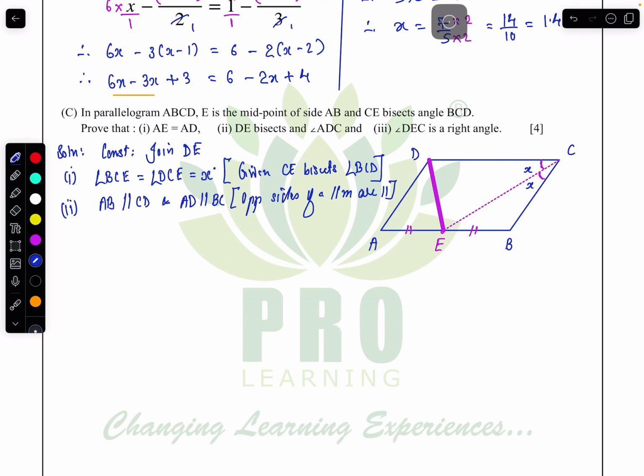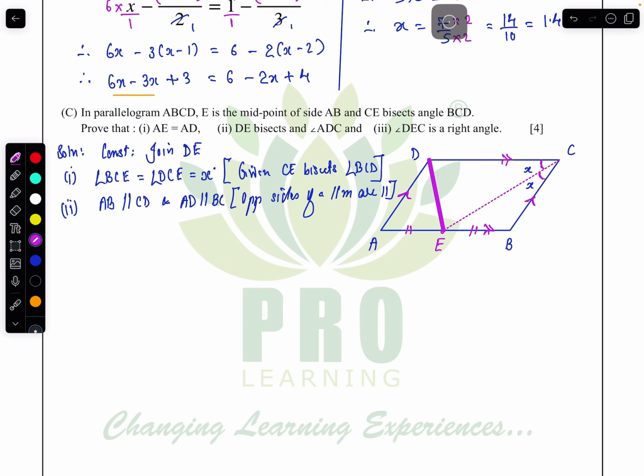We have stated that this line and this line are parallel, and this double arrow with this double arrow, these two are also parallel.